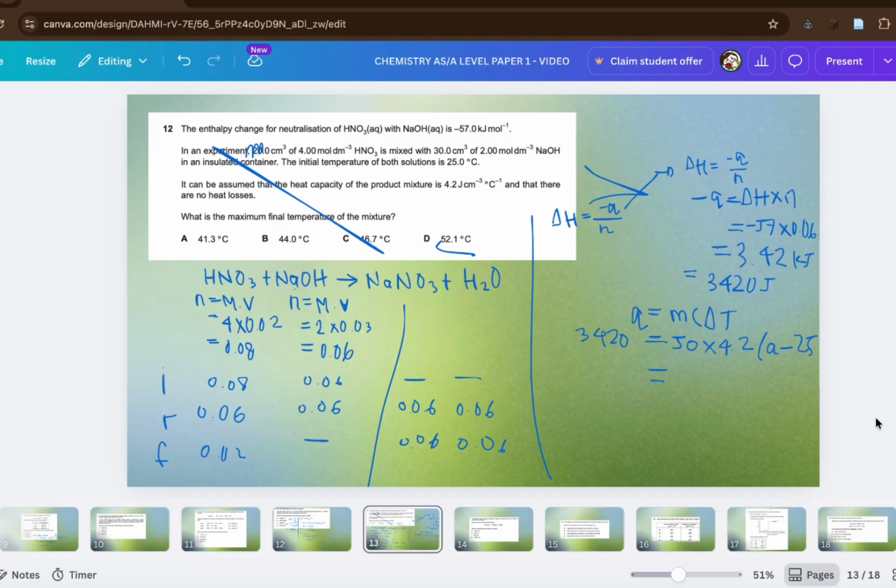Okay, so it will be 210 delta T. Oh wait, let's not cause confusion.